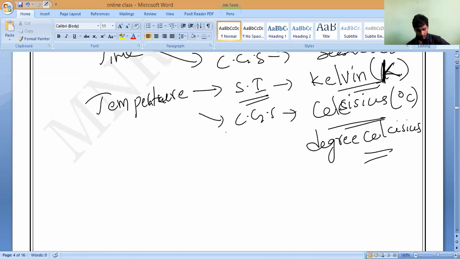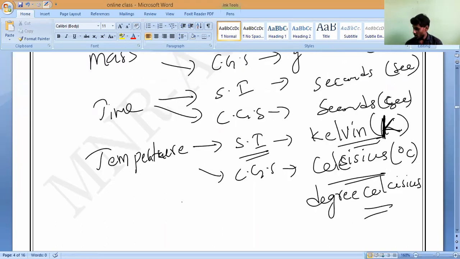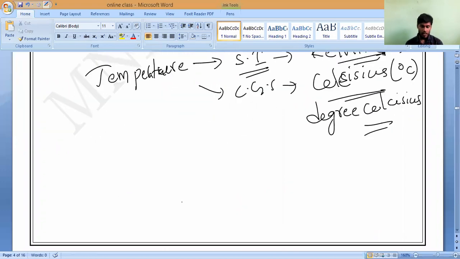For length, mass, time, temperature, sir. For water, sir. For liquids, what? Suppose liquids, if you take. Very good. Liquids are measured in volumes. Correct or not? 1 liter volume, 2 liters volume, like that.